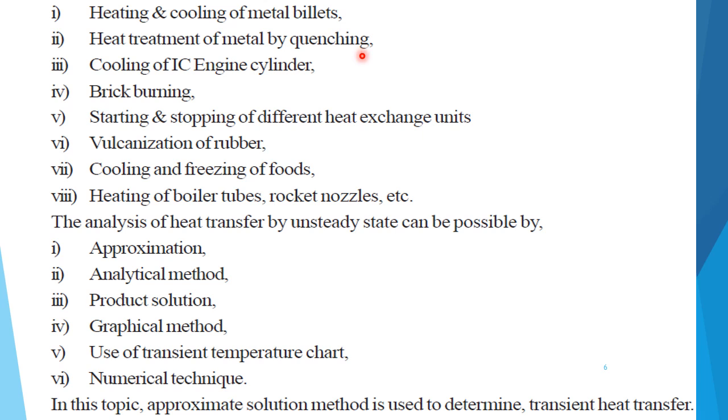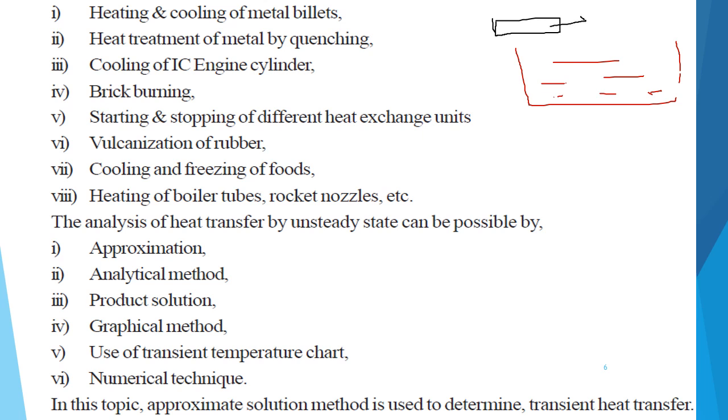What we are doing here is, you can say the rod is available at 200 or 300 degrees Celsius in the furnace. Now the entire rod is at 200 or 300 degrees Celsius, and all of a sudden we are dropping that rod into a bath where the water is available at 30 degrees Celsius, or a brine solution is available at 30 or 40 degrees Celsius.